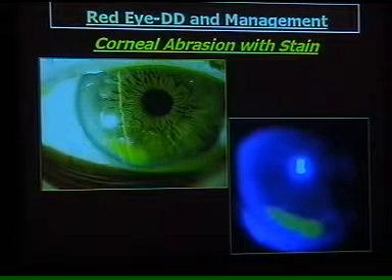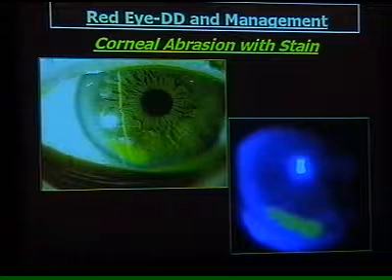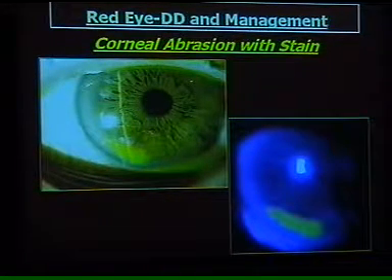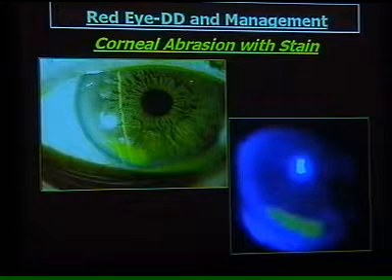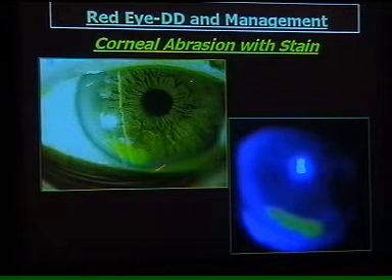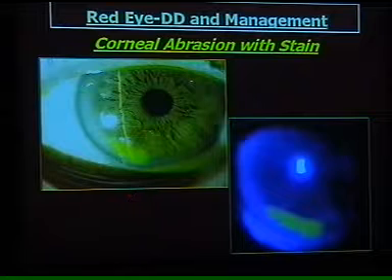Corneal abrasion is a common presentation, from accidental touching with some pointed object or nail. Adults usually come when they get some injury from children in their lap. It's the loss of the corneal epithelium.